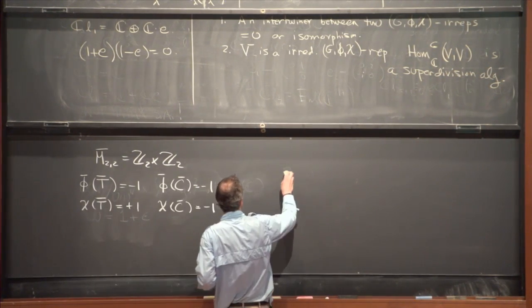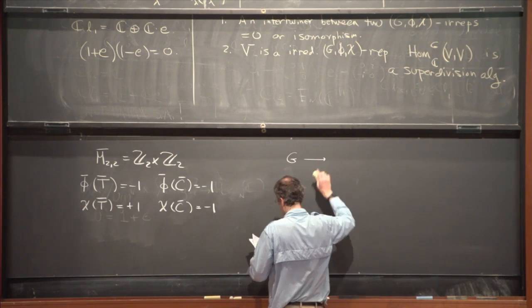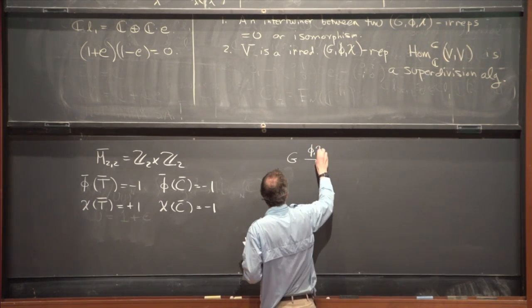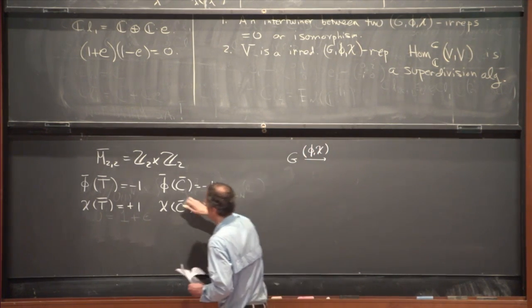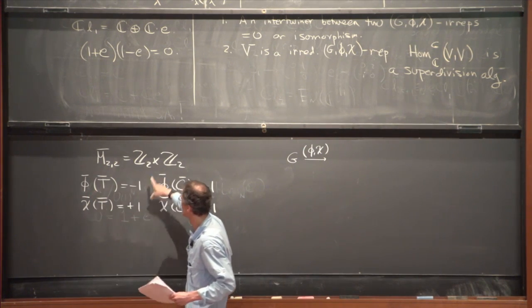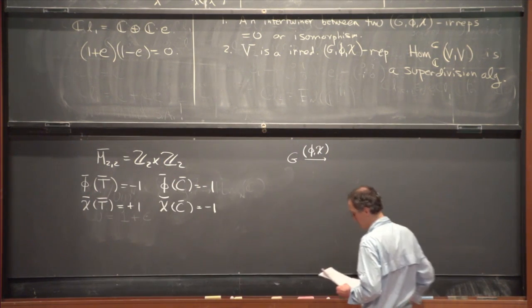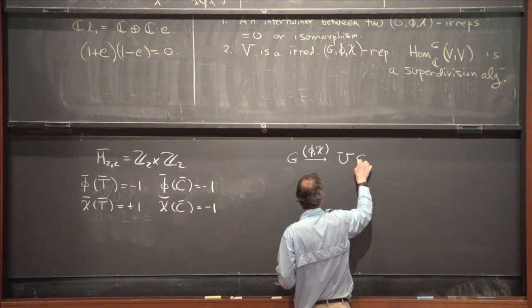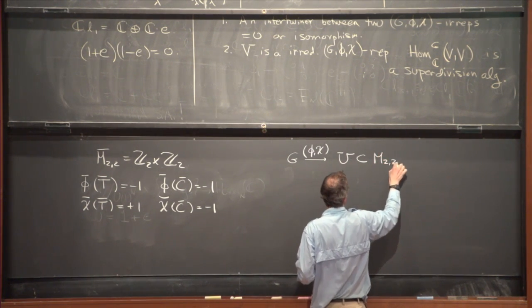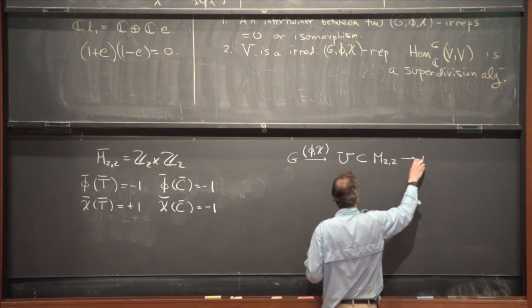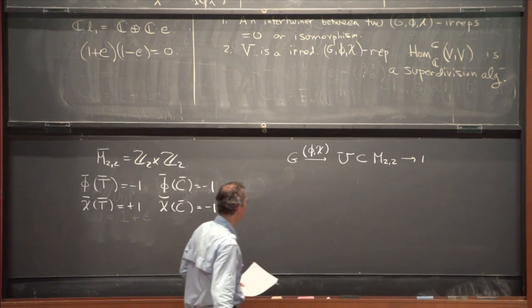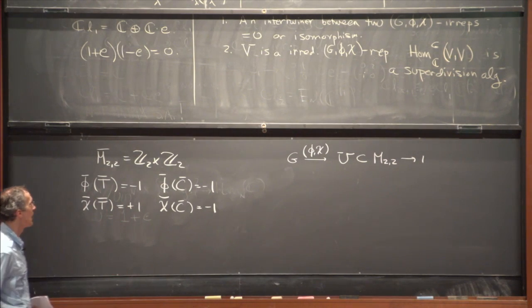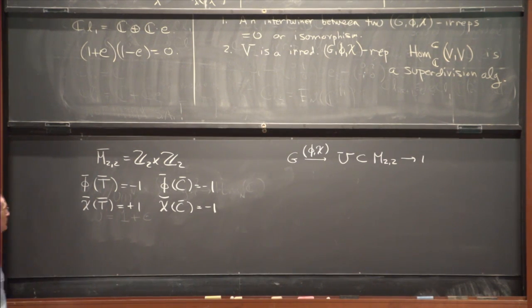Now, I've argued that any group that we have in a physical system has some grading. I put bars there to stress that that's a grading on this group. So then what we have is a map to a subgroup of M22. So U is a subgroup of M22. It could be that chi is trivial, for example, or phi is trivial, or they're both trivial.